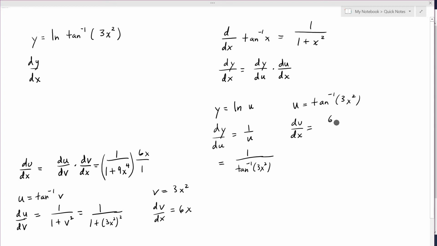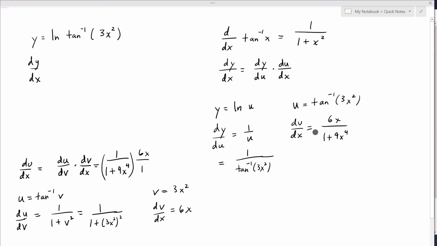Okay, and so that is du/dx. So again, to find this du/dx, the inner derivative for the first time we used the chain rule, we had to use the chain rule a second time, and that's what we're doing over here.